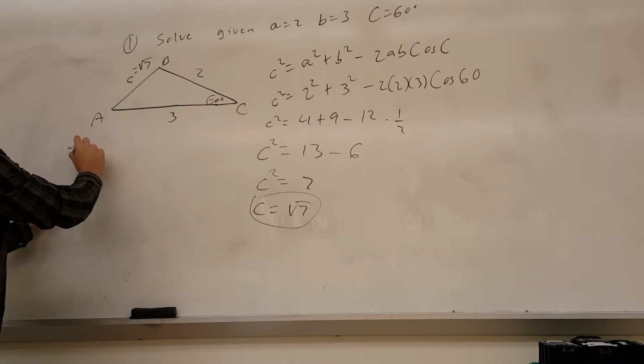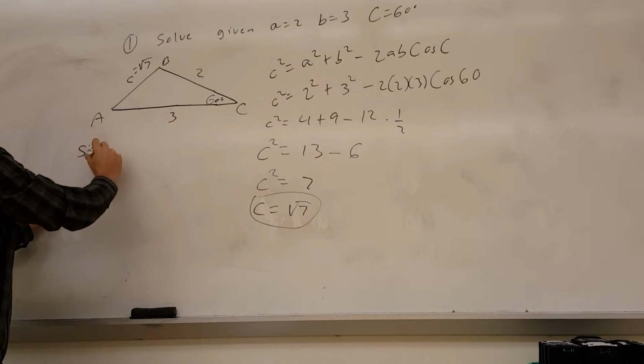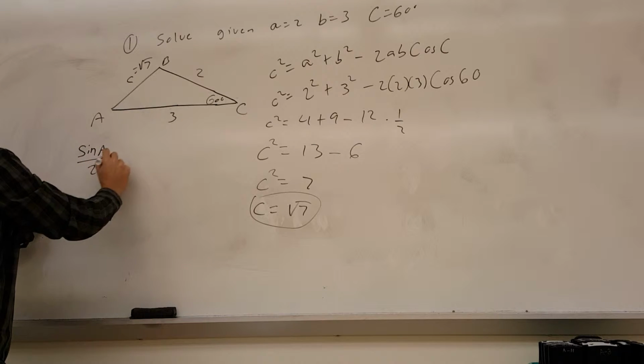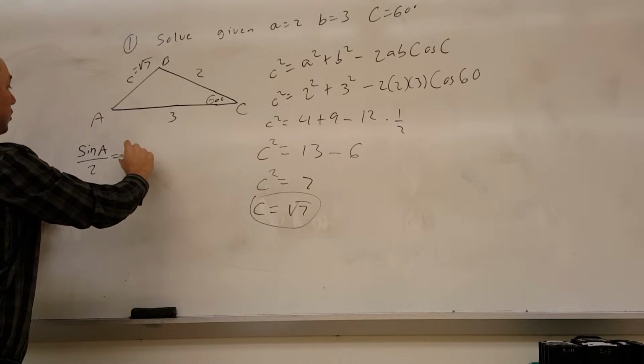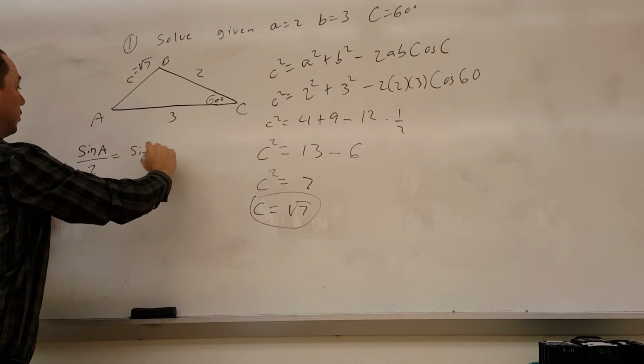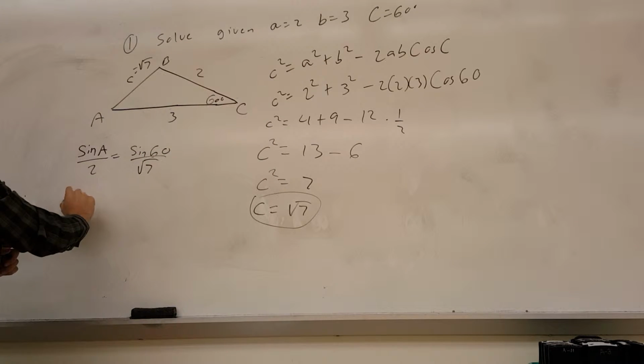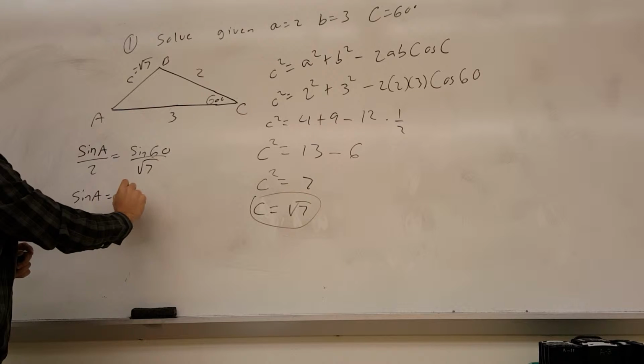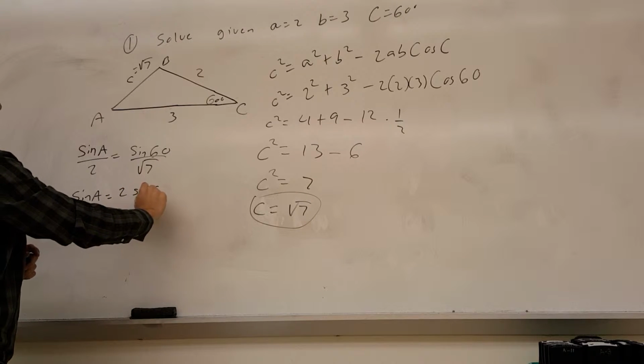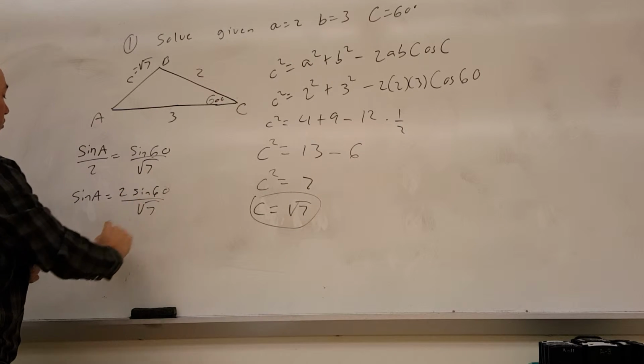So the law of sines right here. Sine of A over 2 is equal to the sine of 60 over root 7. Sine A equals 2 times sine of 60 over root 7.